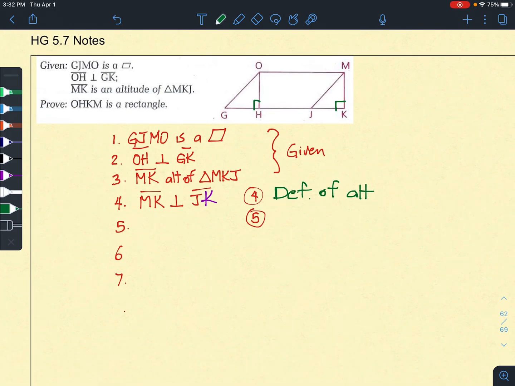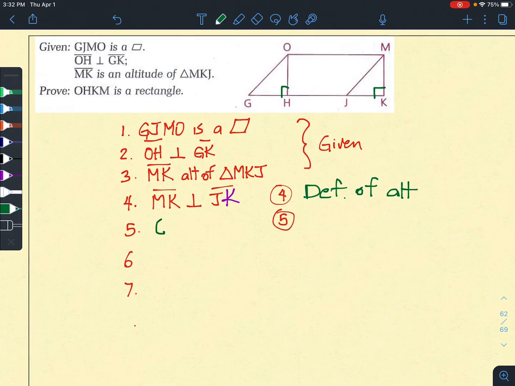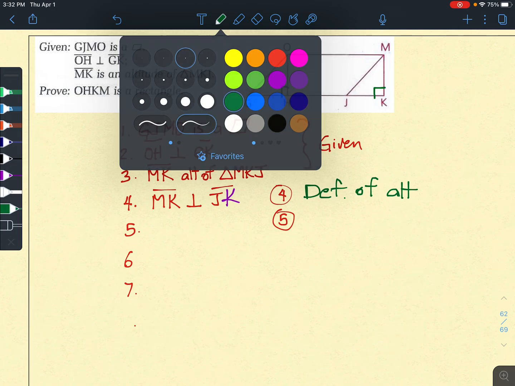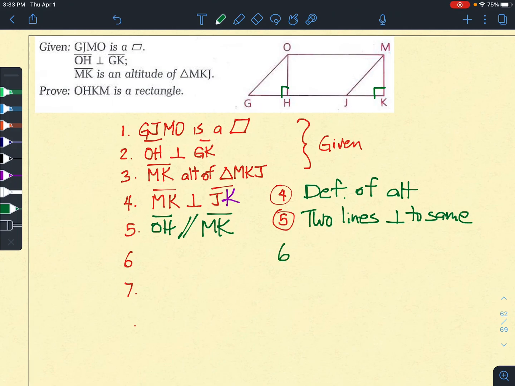Number five, if MK is perpendicular, then OH is also perpendicular, then I would have that OH is parallel to MK, getting those as diagonals. And if two lines perpendicular to same line, line 6.